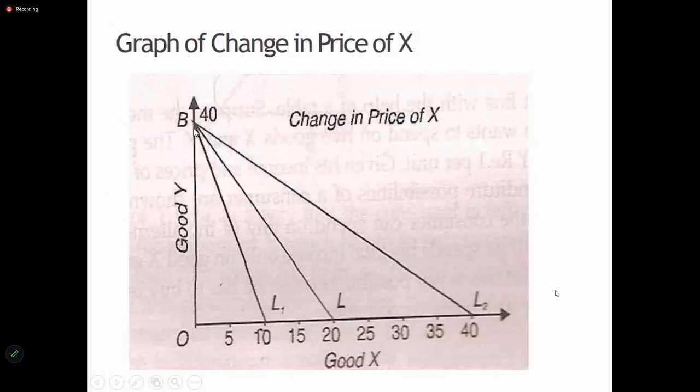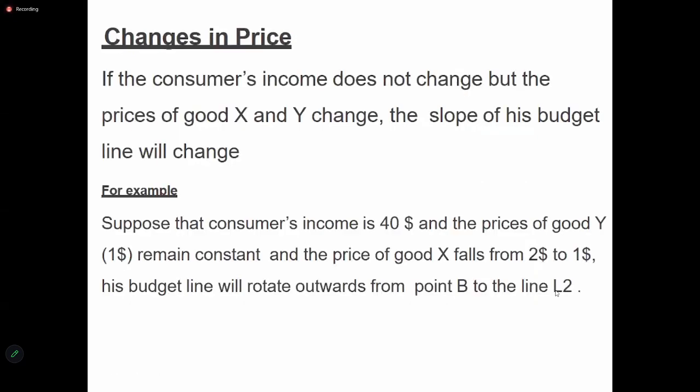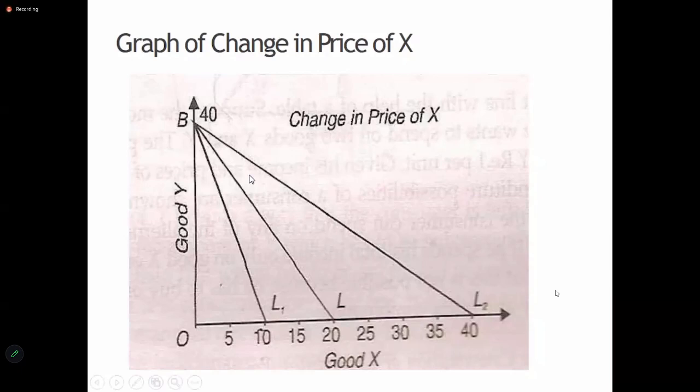So here is the explanation. Income is 40, but prices are changing, only the price of good X. What happened? Did the price increase or decrease? It decreased from 2 to 1. When the price decreases, they can purchase more quantity. By demand theory, when price is reducing, demand is more and more.